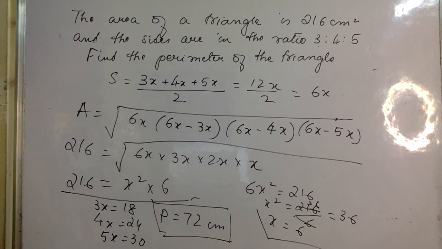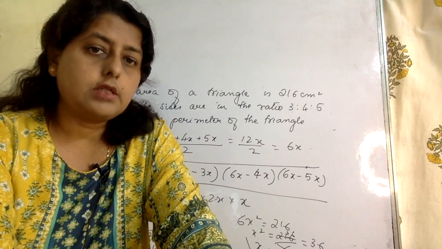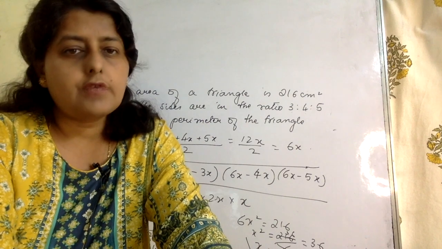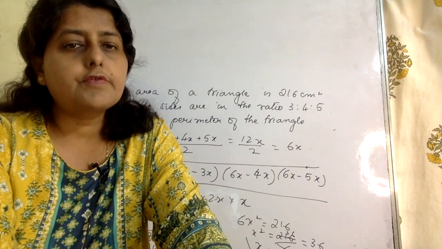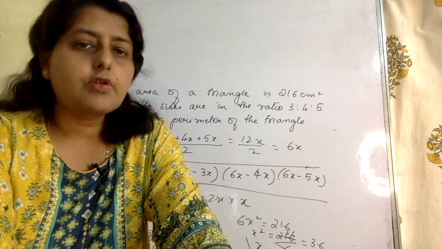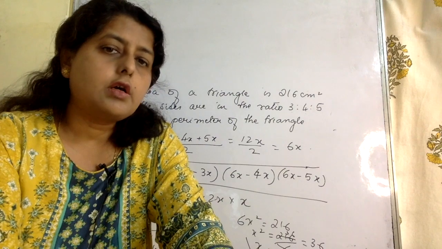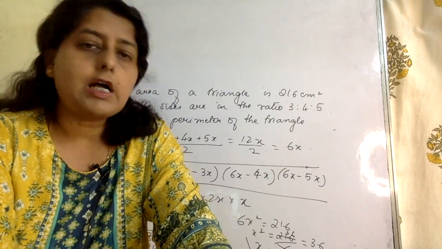So that was a simple sum. If you know your ratios well, you'll be able to do this sum. So that is it that we have from this chapter, area of triangles. I have tried to cover area using Heron's formula, using the isosceles triangle, the equilateral triangle, and the regular formula of half base into height.